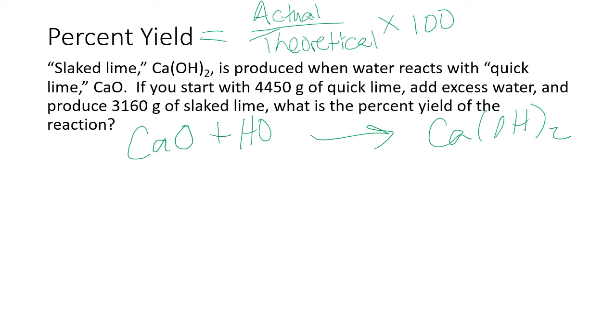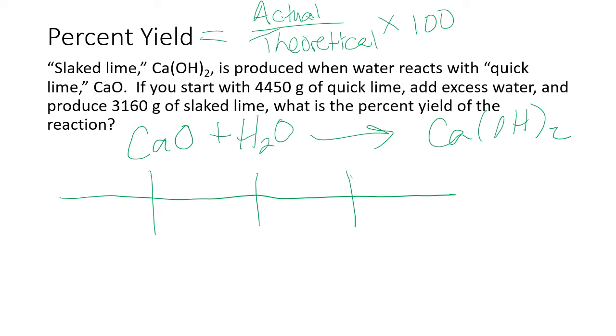Actually, I'm not going to write it as HOH. I'm going to keep it as H2O because I don't have hydrogen on this side as well. So here I'm going to look at, I have one Ca, I have two O's, I have two H's. I'm actually already balanced. So first I've got to figure out my theoretical.